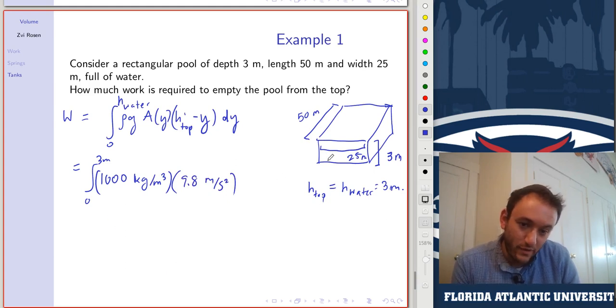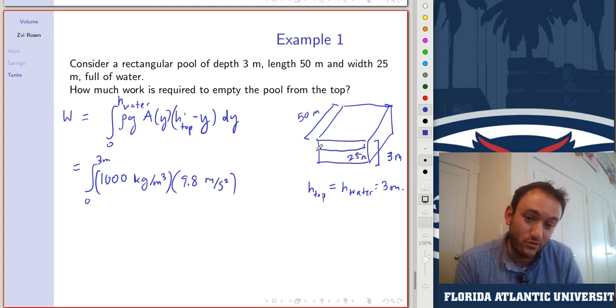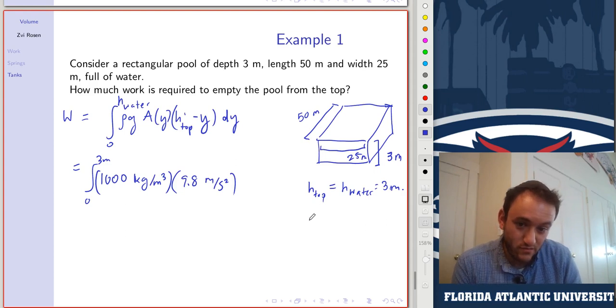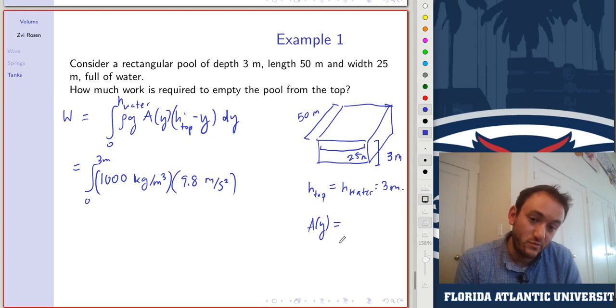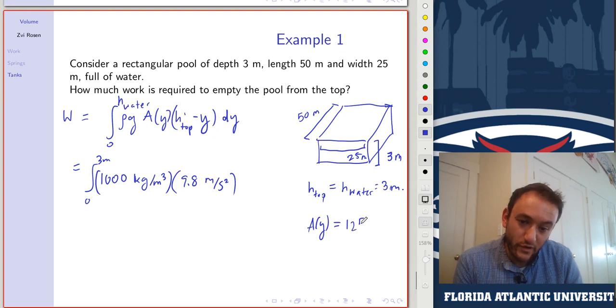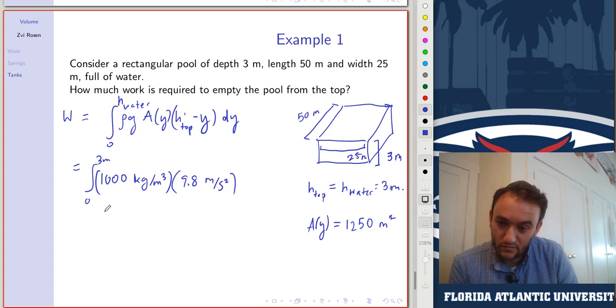A of y: now we have to compute the area of a cross-section. A of y is a rectangle with dimensions 50 by 25, so it's just 50 times 25, which is 1250 meters squared. We can multiply that in here as well.